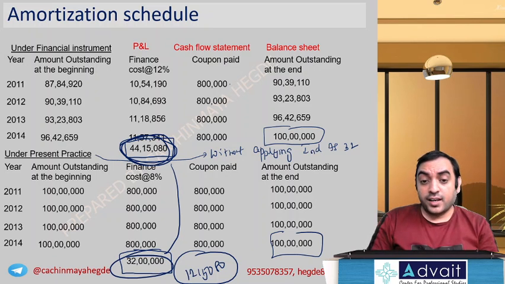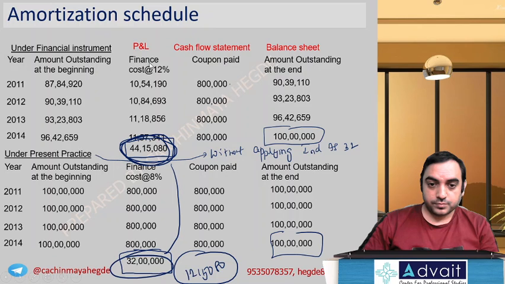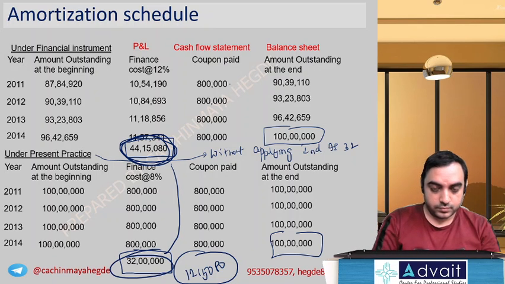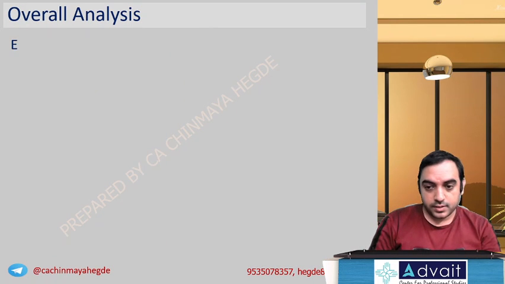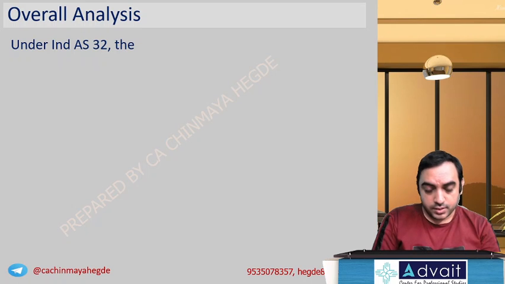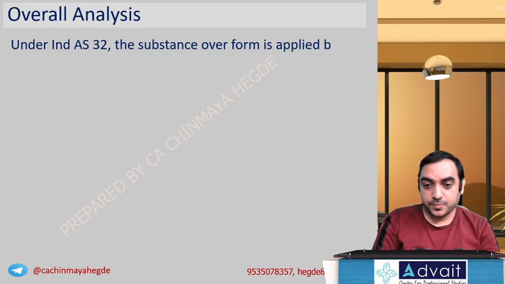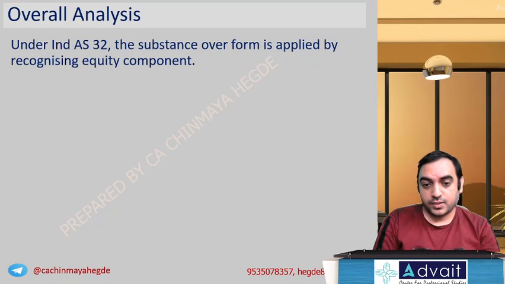So under Ind AS 32, substance over form is applied by recognizing the equity component.